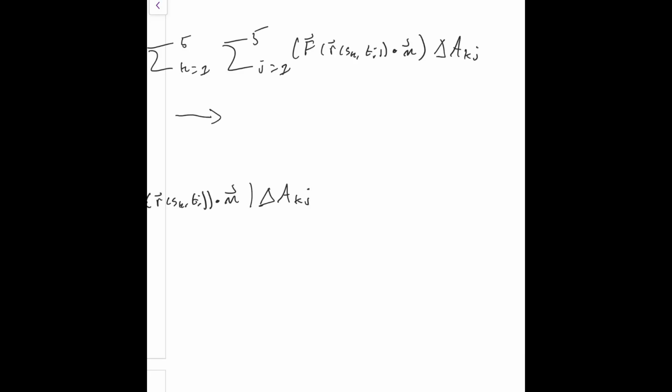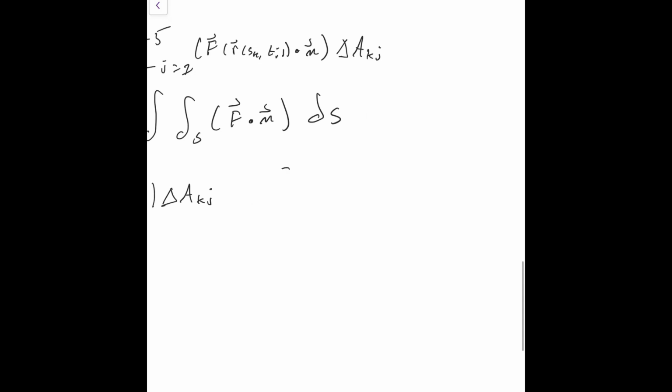But notice that as the number of patches goes to infinity, this is exactly the surface integral of the function f dotted with n dS. And how do we compute this?